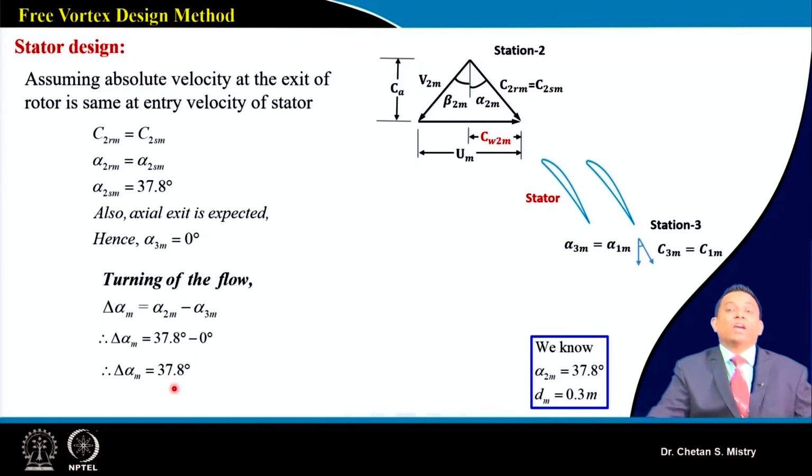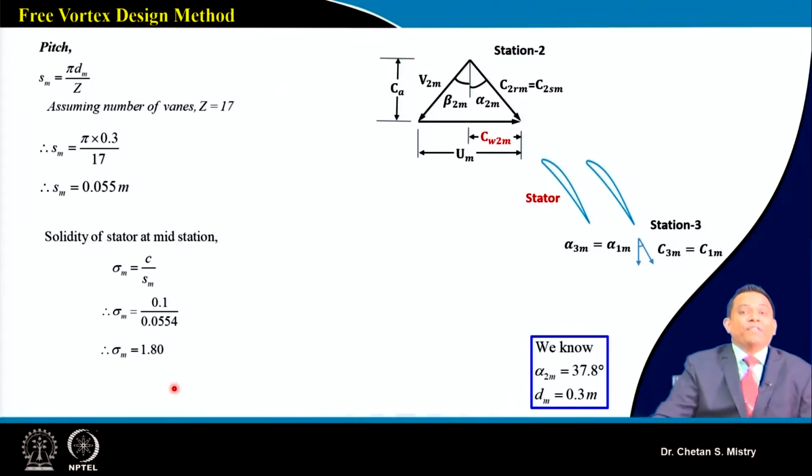In line with that, we are looking at other parameters also. Very first we will calculate the pitch at the mid station. Here our aspect ratio is given as 1. Let's take for rotor and stator my chord is 100 mm only, so both have an aspect ratio of 1.